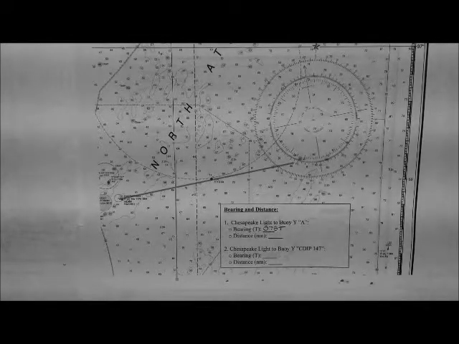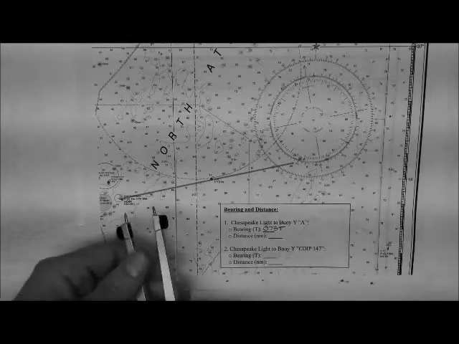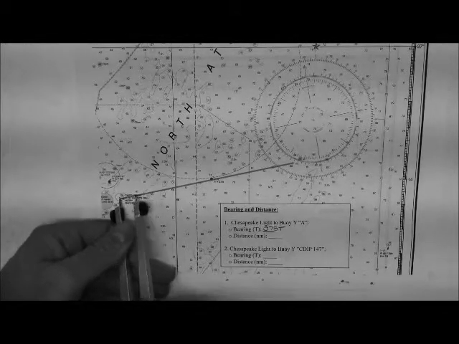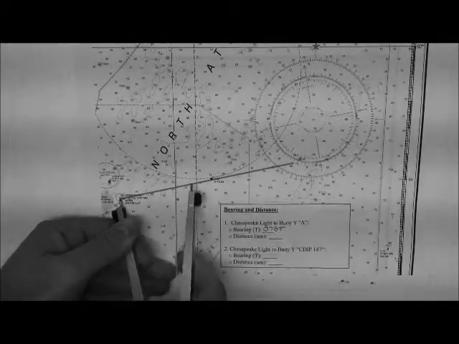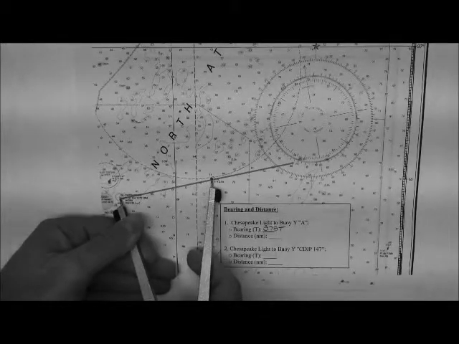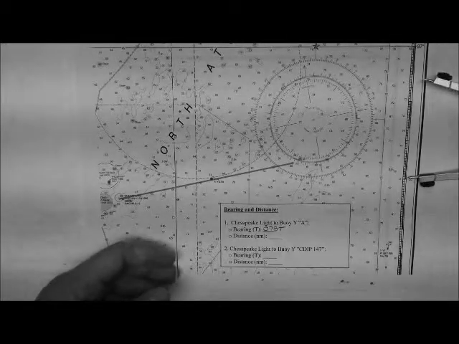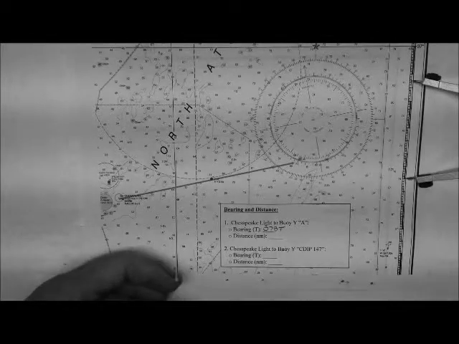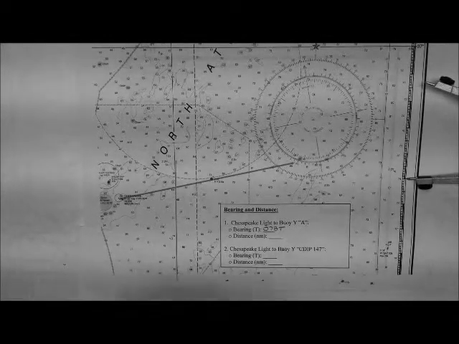And let me measure that distance. So I'm going from Chesapeake Light to the Yankee Alpha buoy. It doesn't matter which way you go for distance, but it's just easier to always work in the same direction as the question is asking.